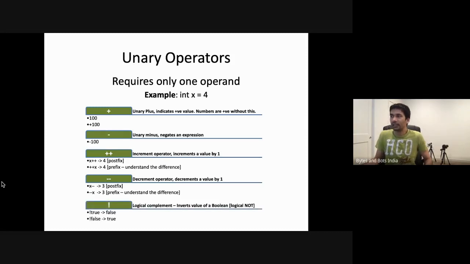And finally is the exclamation mark. Surprising, isn't it? The surprising part is it doesn't work with all types of variables that Java supports. It is primarily for Boolean types. So if you do x equal to !4, it won't compile, because in our case x is an integer and it just won't accept it.